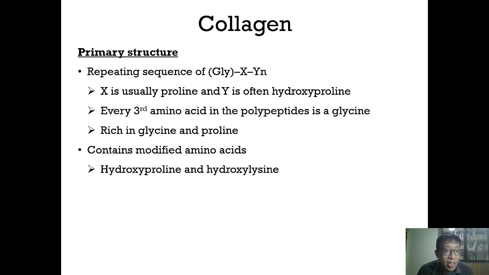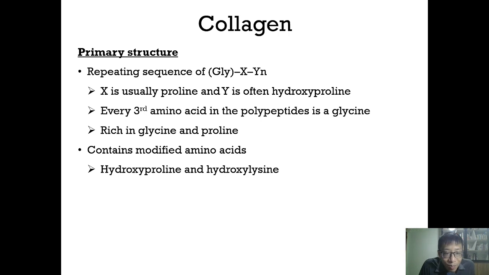There is always a glycine on every third amino acid, followed by 2 amino acids that are commonly proline and hydroxyproline. So when we look at the makeup of the amino acid sequence of collagen, we find a lot of glycine because every third amino acid is a glycine. We also find a lot of proline.